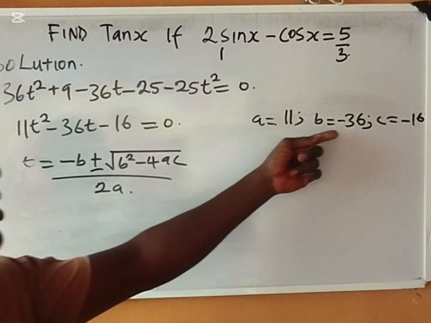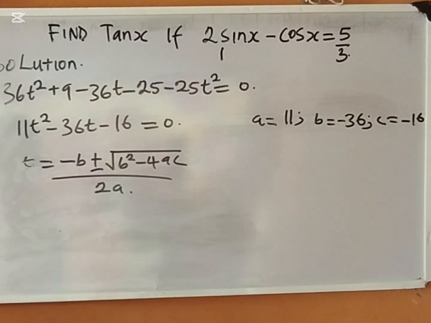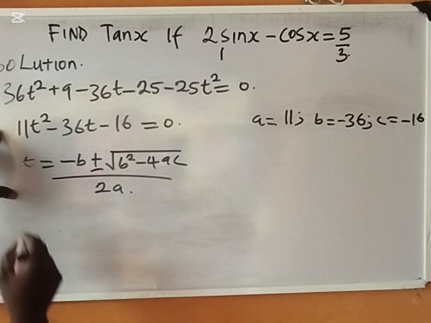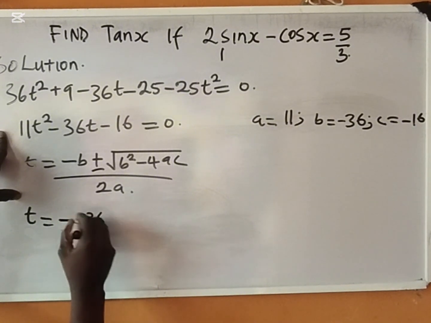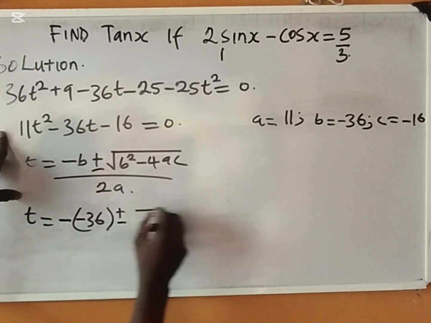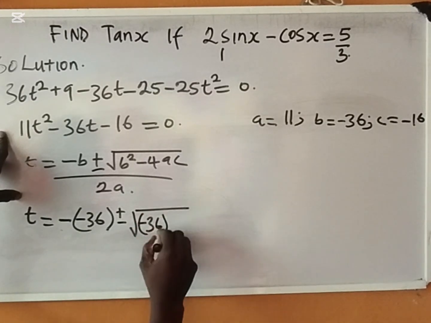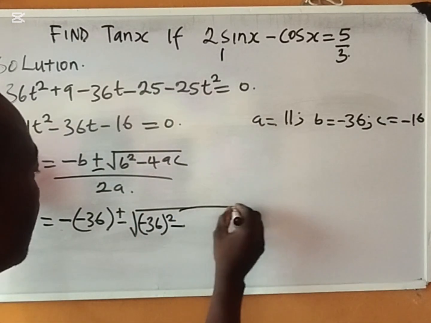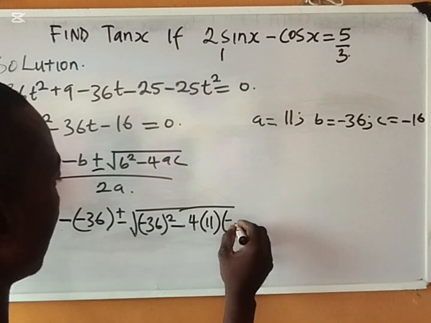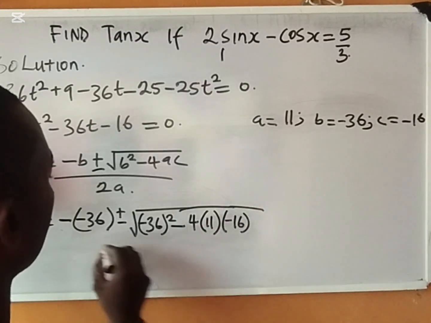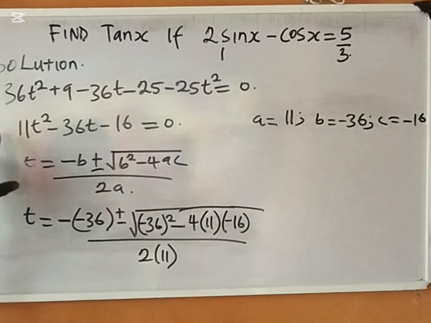So we're going to substitute these values for a, b, and c into the quadratic formula in order to look for the value of t. It becomes t is equal to minus minus 36 plus or minus root of (minus 36) squared minus 4 into bracket 11 into bracket minus 16 divided by 2 into bracket 11.